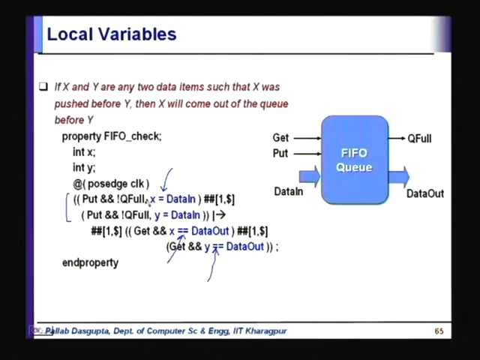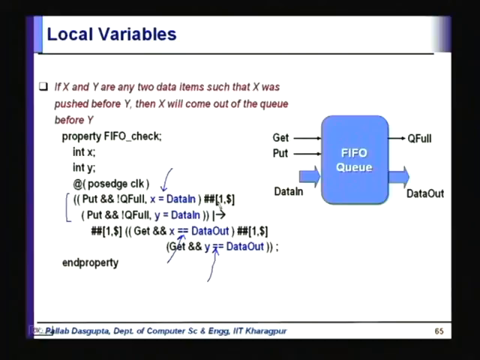Now, what we know is that if you look at every consecutive pair, and if this property holds for every consecutive pair, then it holds for the entire thing also, right. So, suppose I have A, B, C, D, E, if they go in this order, and then I ensure that this property holds for A, B, B, C, C, D, D, E, then we know that effectively if that pairwise order is preserved, then the entire order will also be preserved.